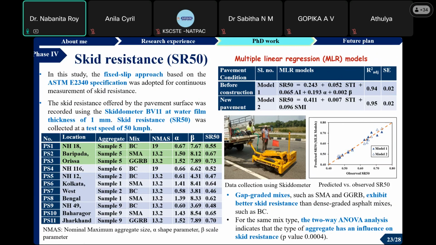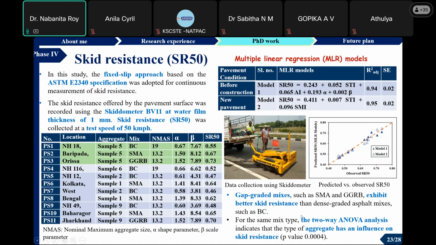And for the other model, which is just after construction, I have taken aggregate surface microtexture and SM, that is surface macrotexture index. Now from both the models, we can see that R square adjusted is very high.